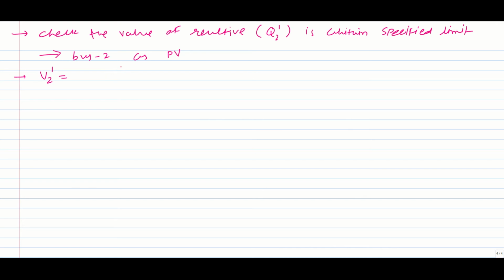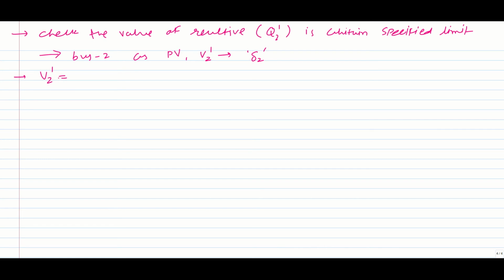But why do we need to calculate V21? We need to calculate V21 because we don't know the value of delta 2 at bus number 2. So for calculating this power angle delta 2 at bus number 2, we need to calculate V21 again.